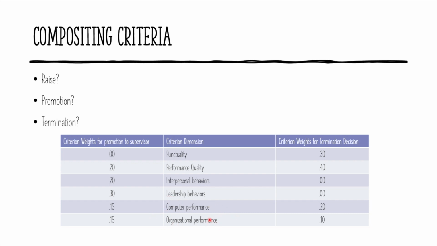And organizational performance, which is totally different from computer performance, matters less. Don't take these literally. Just think of them as separate criterion dimensions. However, performance does matter a little bit more when you're deciding whether or not to terminate someone. Punctuality absolutely matters, and so does their general performance quality. So depending on the decision that you're making, you need to weigh these criterion dimensions differently.